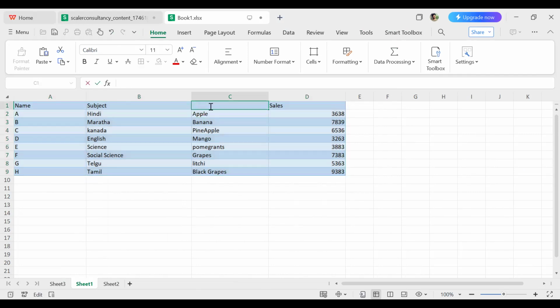Let's suppose I'm changing the data. Location: Delhi, Maharashtra, Karnataka, Mumbai, Delhi, Mumbai, Tamil Nadu.